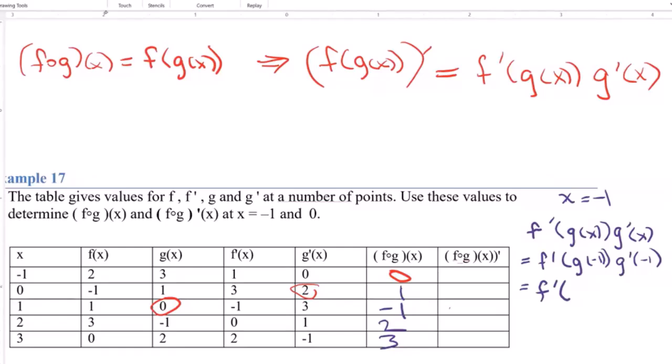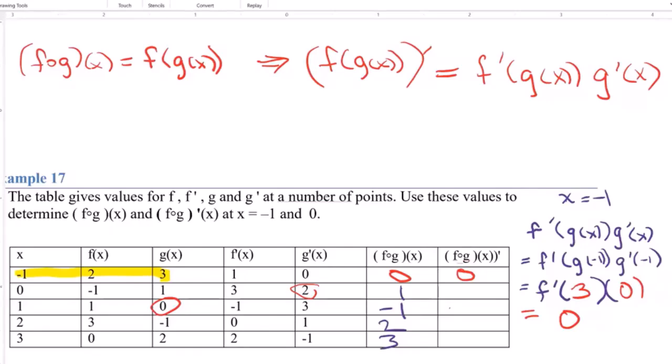Well, at -1, g of x is equal to 3. Times the derivative of g of -1. So we have times 0, which anything times 0 is 0, so this is obviously 0.